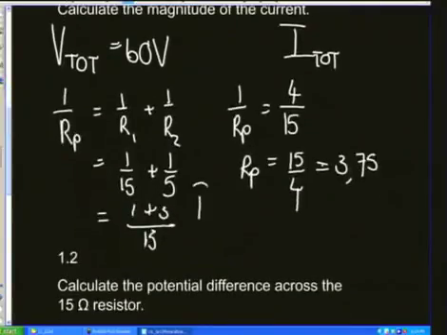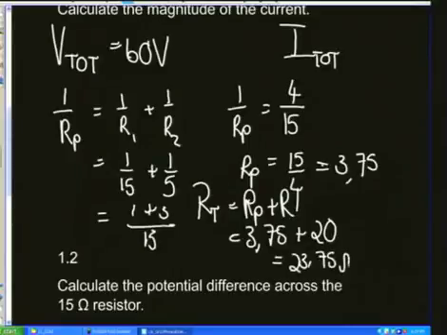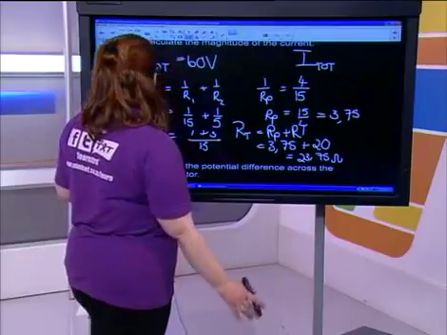So my total is R parallel plus the R that we have at the top there. So it's 3,75 plus 20, which gives me 23,75. Which I know still looks like the most ridiculous answer in the world, but it doesn't matter. We're still on the right track.